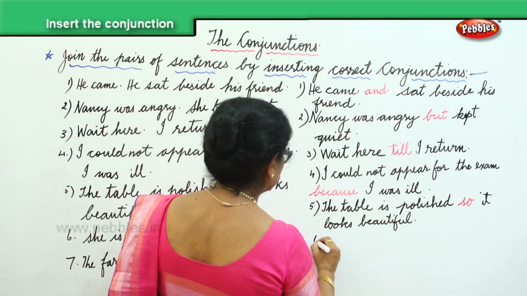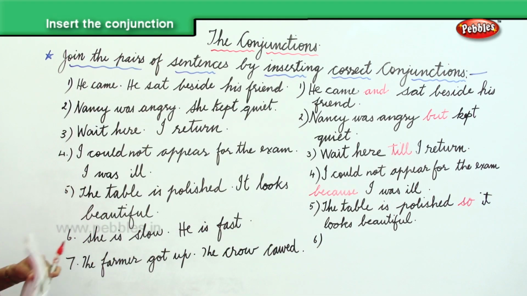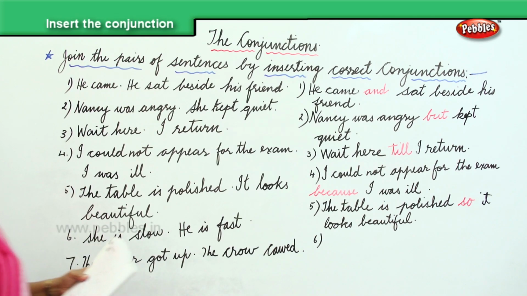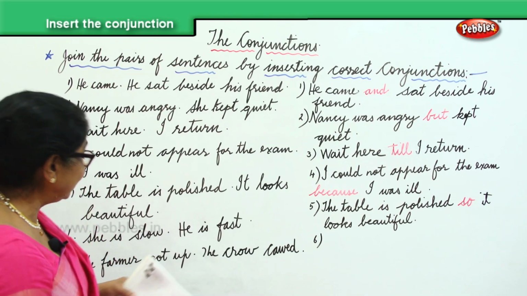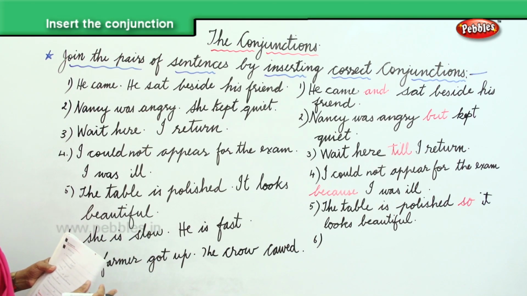Now, sixth one. She is slow, he is fast. So, what will that be? She is slow but he is fast.